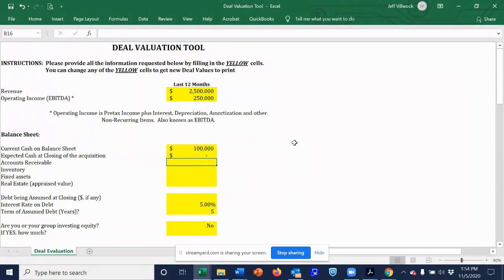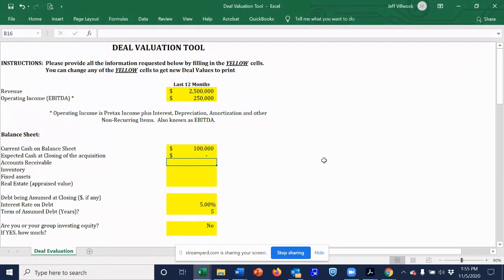All right. Accounts receivable. Now, the next four items here, accounts receivable, inventory, fixed assets, and real estate, I want those because you can borrow money off of your accounts receivable, off of your inventory, off the real estate.